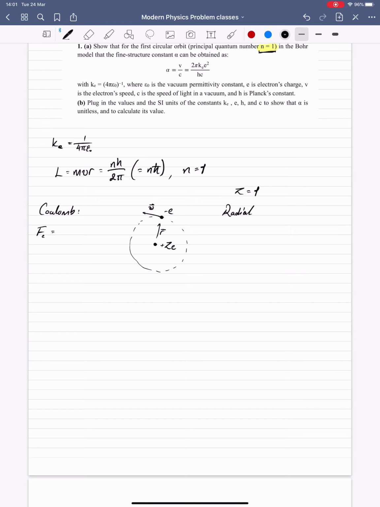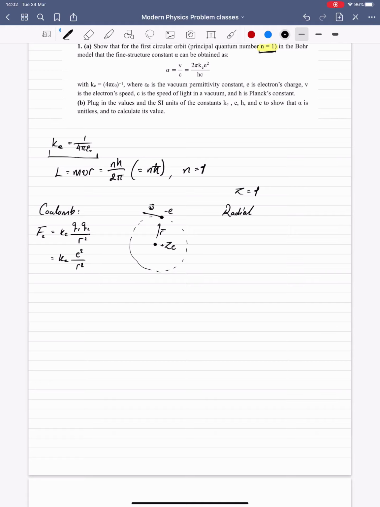But anyway, the force that is due to Coulomb is equal to Ke, or 1 over 4 pi epsilon naught, as mentioned up here, multiplied by one charge, multiplied by the second charge, divided by r squared. In this case, we can just treat both of the charges as equal.